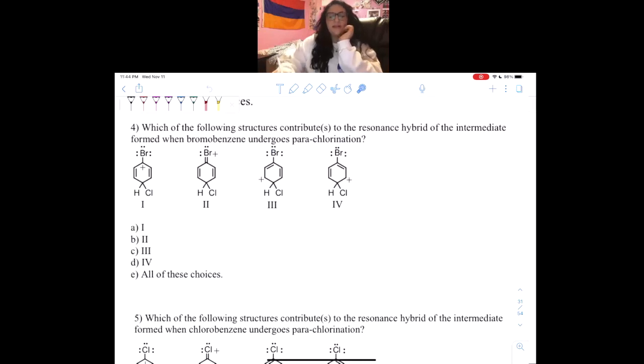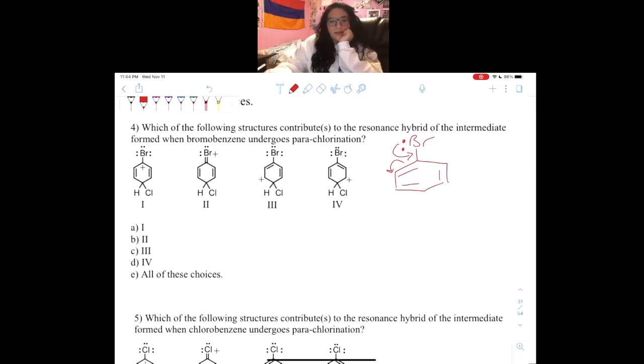So it is asking you essentially to show all of the resonance structures for bromobenzene. As we said before, the resonance structures start out with electrons from the bromine going into the ring, and then electrons go all around the ring.